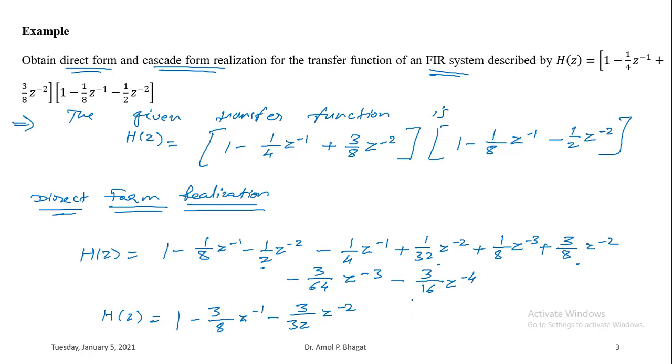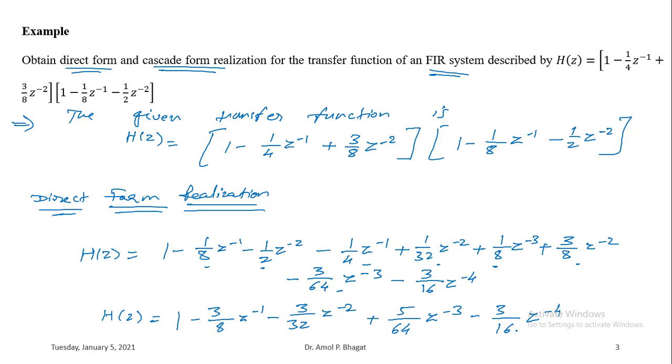Okay, similarly, we have added this 1 by 8 z inverse, then minus 1 by 4 z inverse is minus 3 by 8 z inverse, then this 1 by 8 z to the power minus 3 minus 3 by 64 z to the power minus 3, so it will be plus 5 by 64 z to the power minus 3, and then minus 3 by 16 z to the power minus 4.